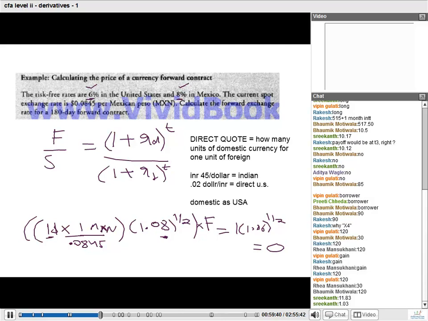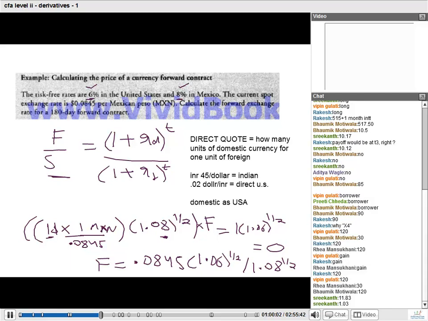If I rejuggle, I will get to the exact same formula, that is F will be equal to 0.0845, that is S, the current spot rate, into 1.06 raised to the power 1 by 2 divided by 1.08 raised to the power 1 by 2.